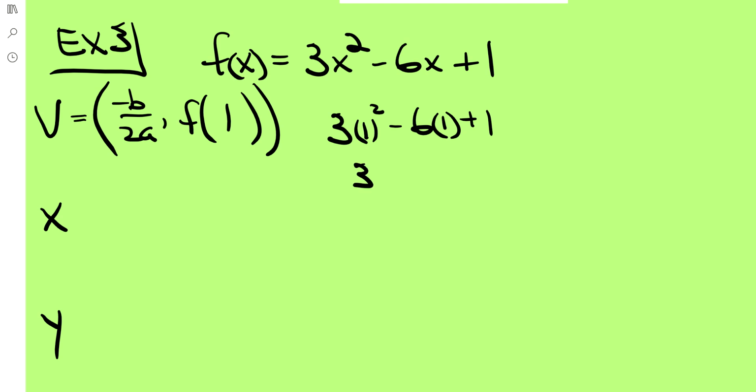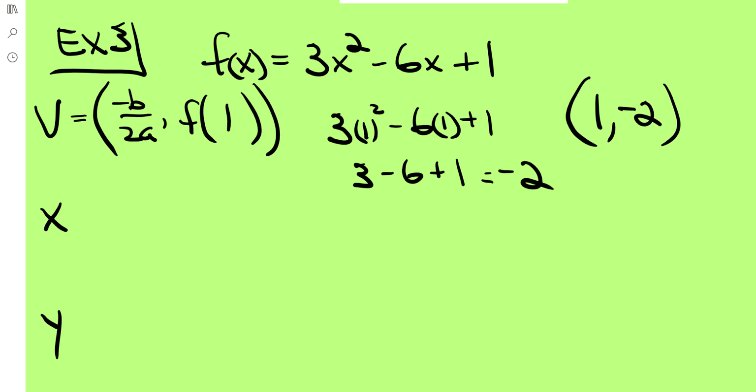This is going to be 3 minus 6 plus 1, which will equal negative 2. So my ordered pair for my vertex is going to be 1, comma, negative 2. That's the vertex. I'll write it again over here and over here: 1, comma, negative 2.